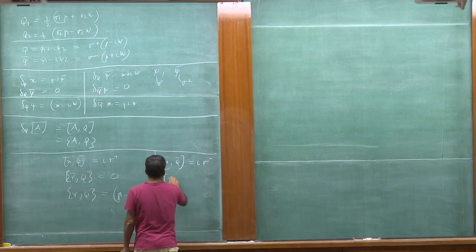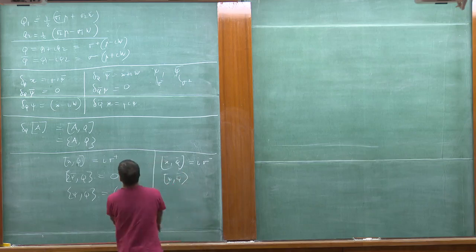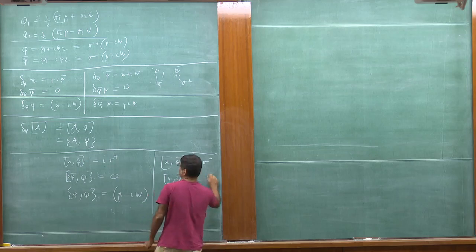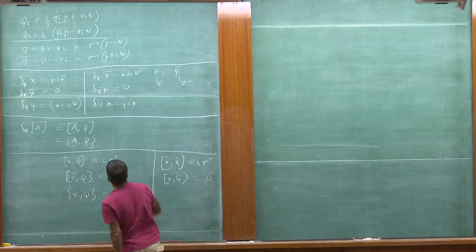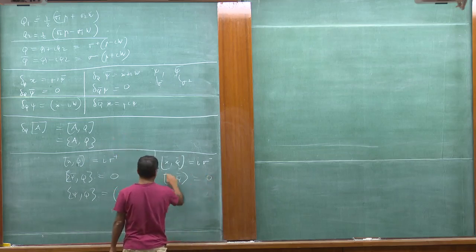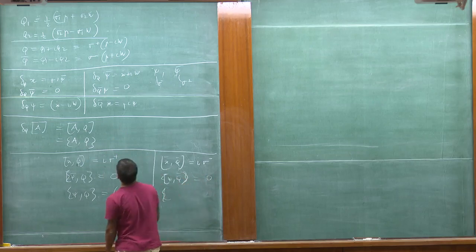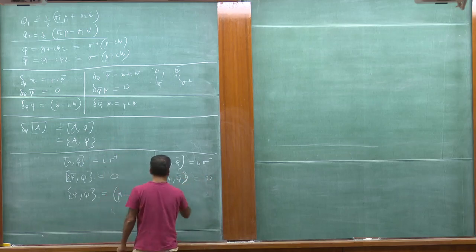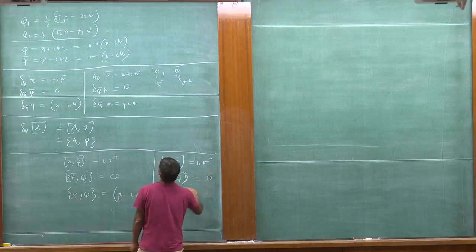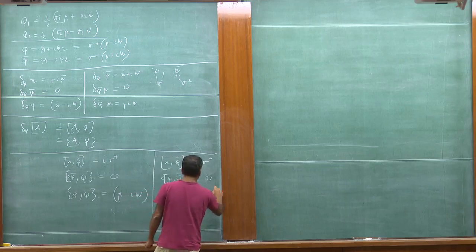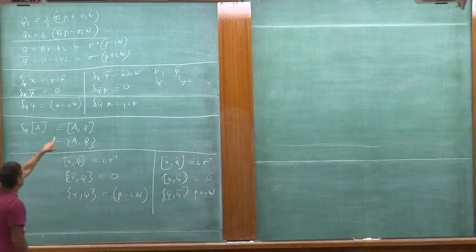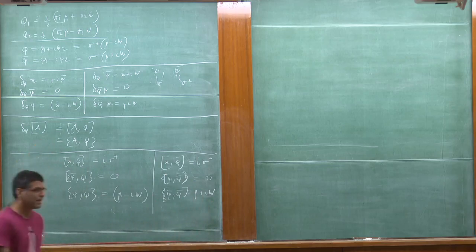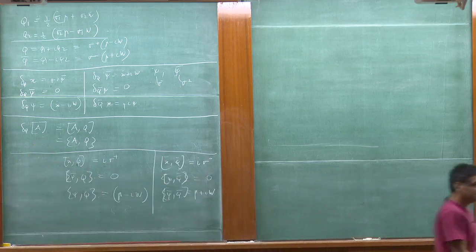Then psi commutator Q bar. But psi was same as sigma minus, and Q bar comes with a sigma minus, so that's 0, which matches that. And then we get anti-commutator of psi bar with Q bar, which is equal to P plus IW, which matches X dot plus IW. Okay?